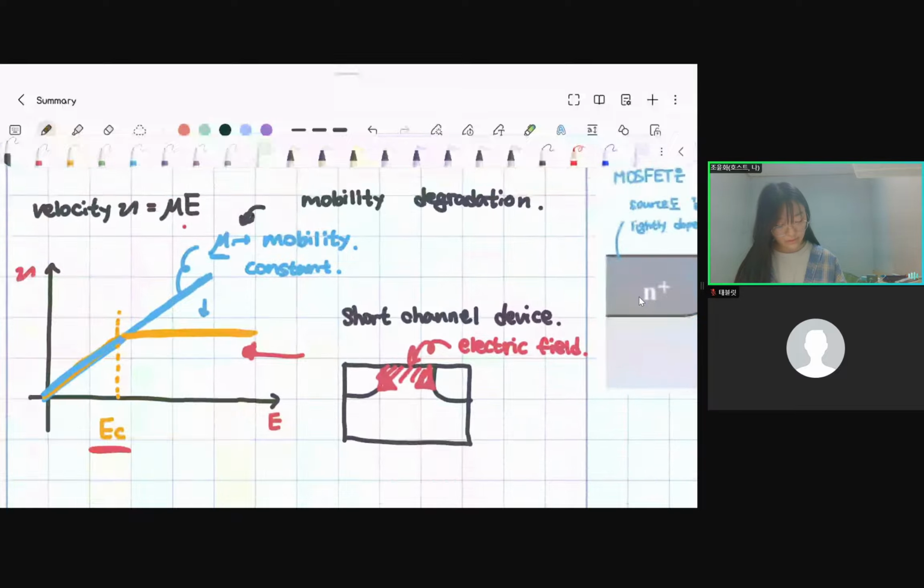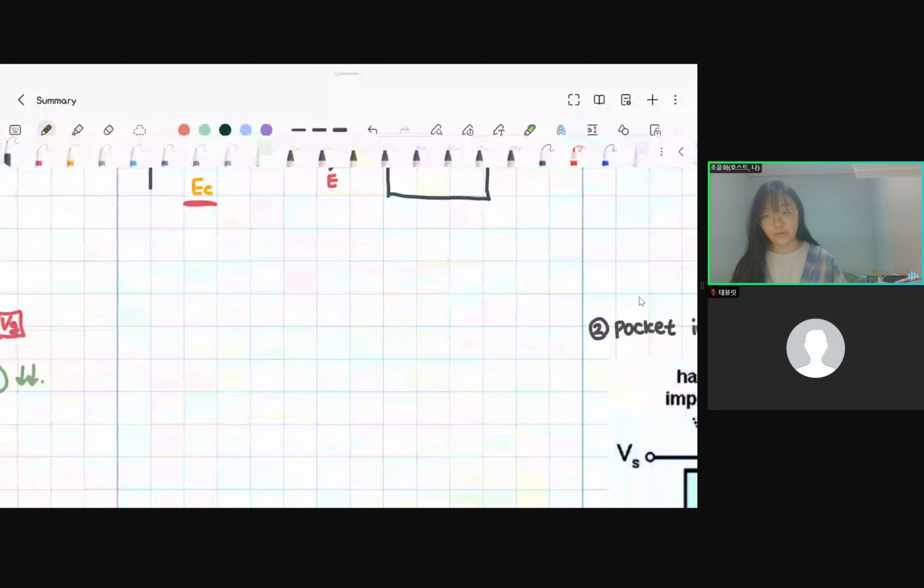So this time we learned of three short channel effects. The first was punch through. The second was VT roll-off.